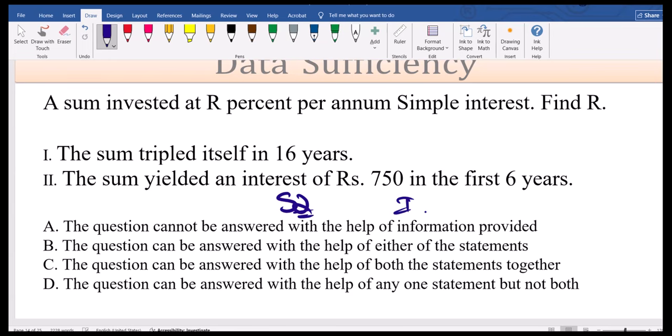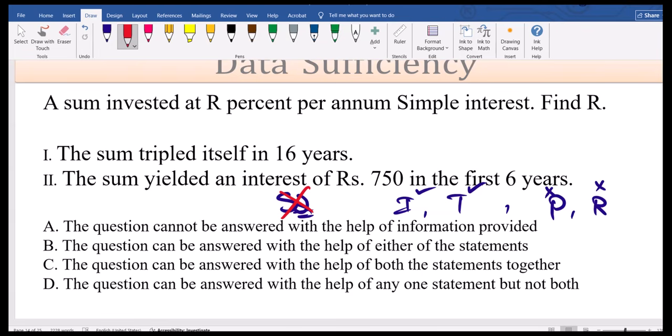I is available, P is available, but P and R are both not available. Can we find it? No, 2 alone is not okay. In the second statement, interest is 750. Principal we don't know. Time is known. Rate of interest we don't know. I equals PTR by 100. One unknown is fine, but two unknowns are not possible.